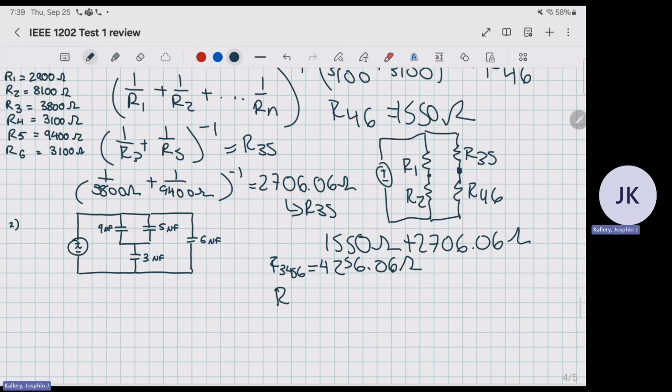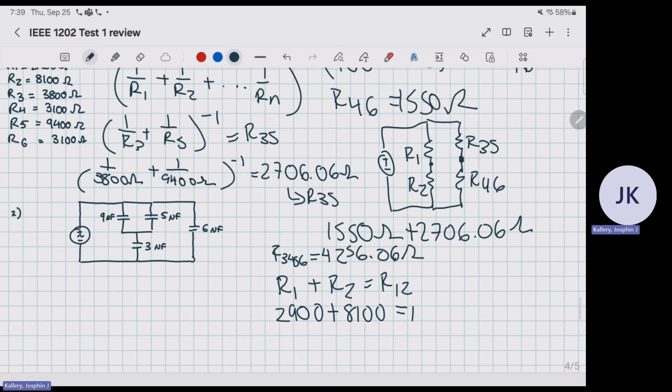And then R1 plus R2 will give you R12. R1 is 2900 plus R2, 8100, and that will give us 11000 ohms.